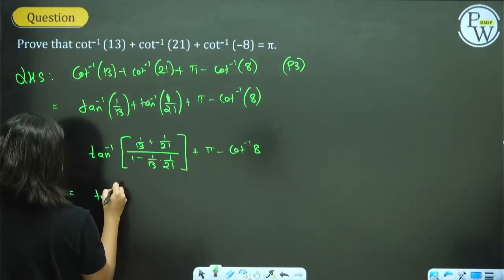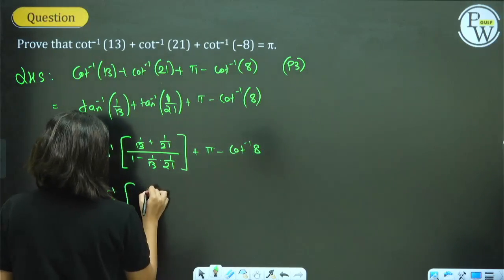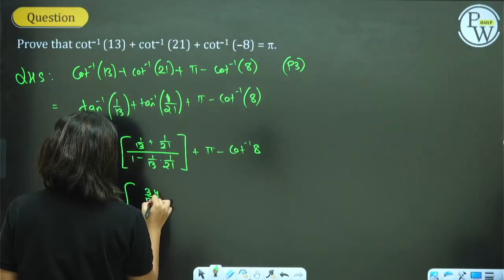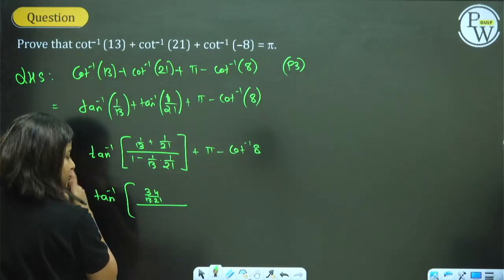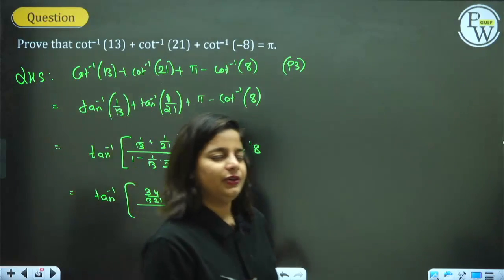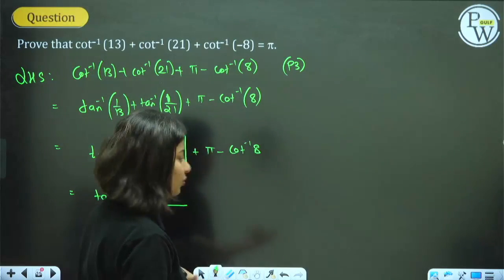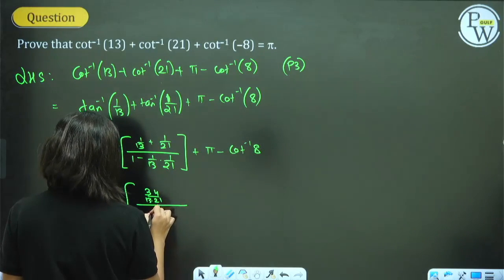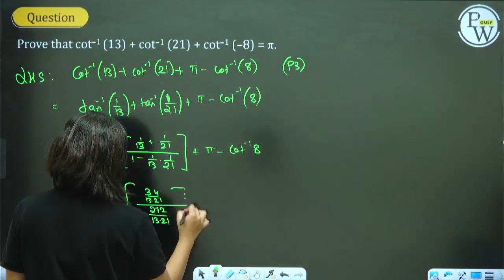Simplify. Tan inverse of (21 plus 13), 34 by 13 into 21, divided by (13 into 21 minus 1) over 13 into 21. How much is 21 into 13? 13 twos are 26, so 260 plus 13, 273, minus 1, 272 upon 13 into 21.